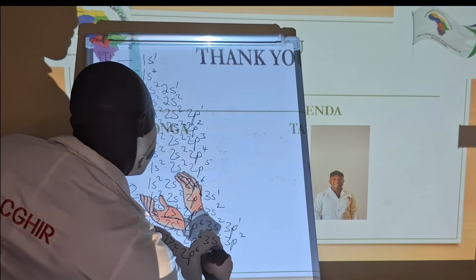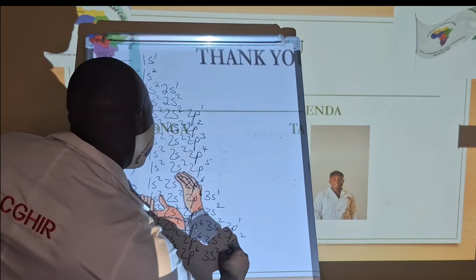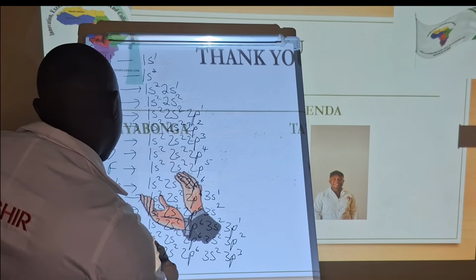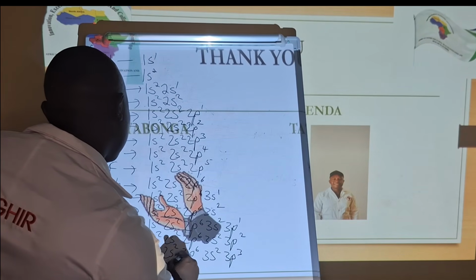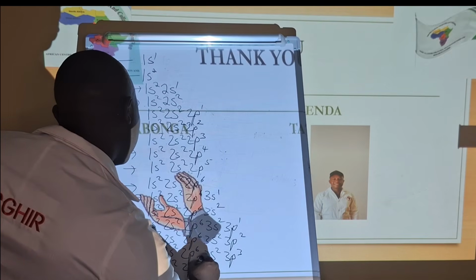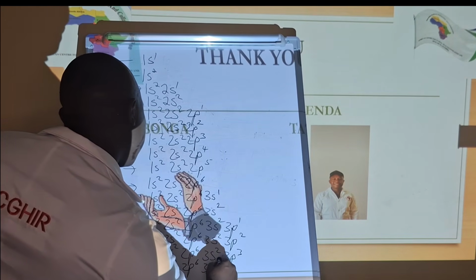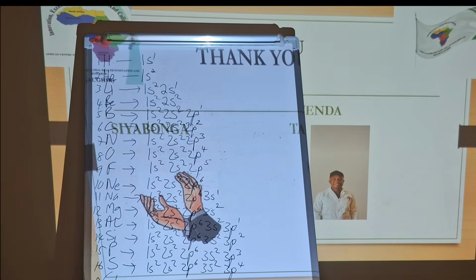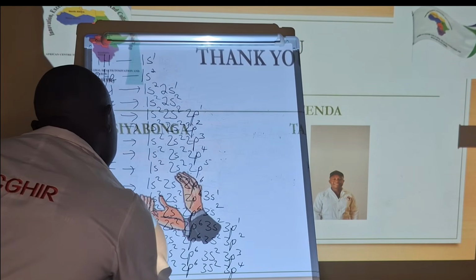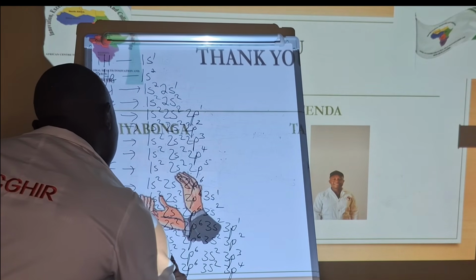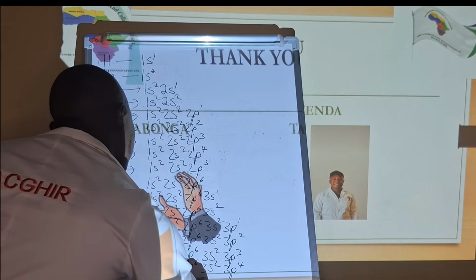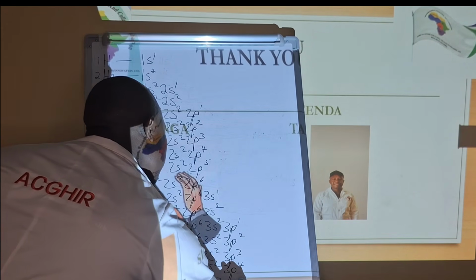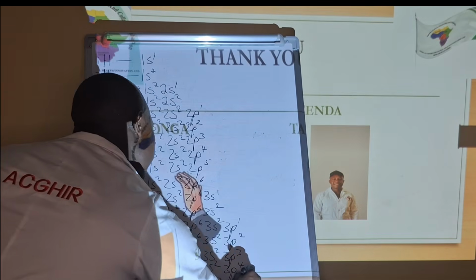Right, phosphorus, 1s2, 2s2, 2p6, 3s2, 3p3. Sulfur, 1s2, 2s2, 2p6, 3s2, 3p4. Okay, chlorine, 1s2, 2s2, 2p6, 3s2, 3p5.